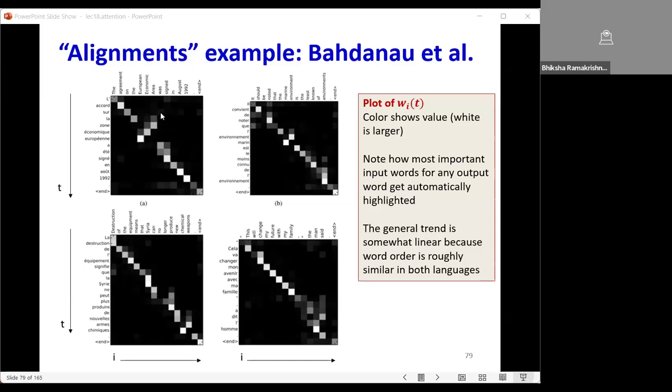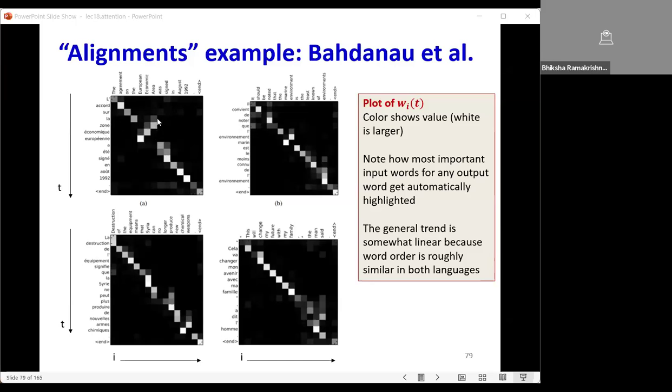Except when it comes to here, this is very interesting. In English, we say the European Economic Area. The word European comes first. In French, the order is changed. Zone économique européenne, right? And so l'accord sur la zone, my pronunciation is awful, zone relates to area.